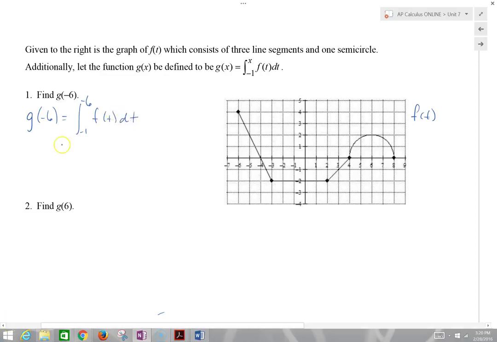Since those are not in the order we like, we're going to change that by changing the sign. Now we need to find the area under the curve from -6 to -1. This will be the positive area. This right here is going to be negative.